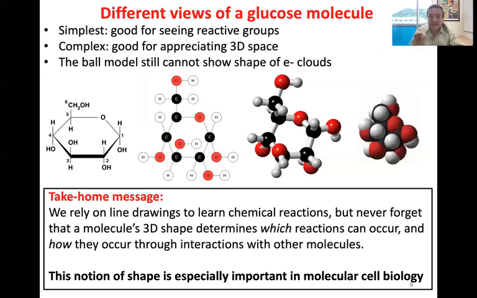So the notion of shape is especially important in molecular cell biology when we start talking about how different types of macromolecules work together, how they come together to achieve amazing things on the molecular scale.